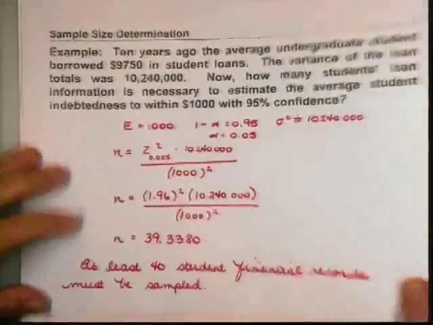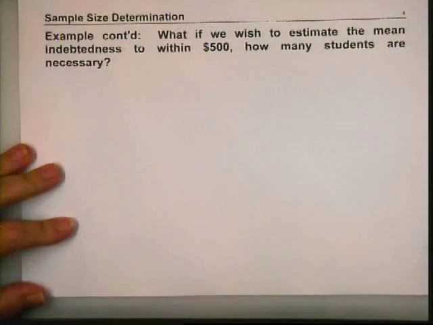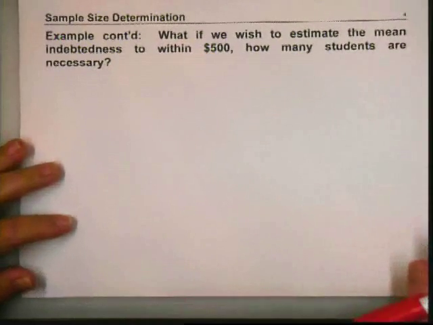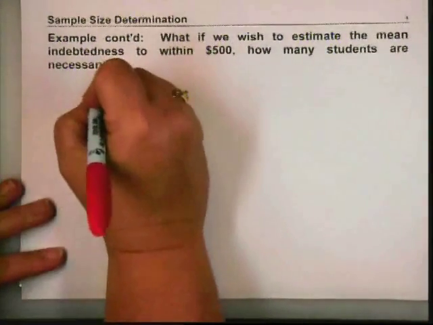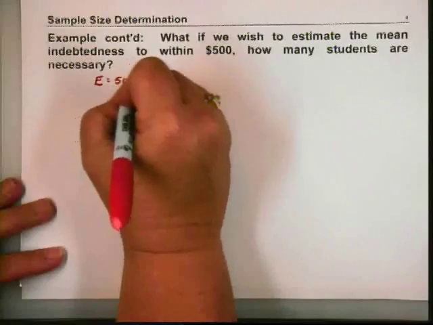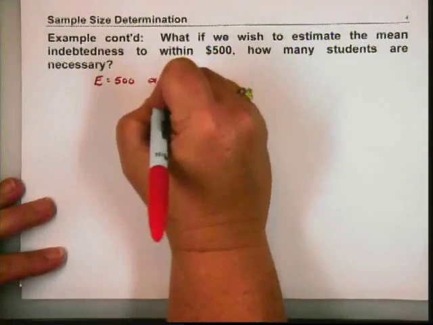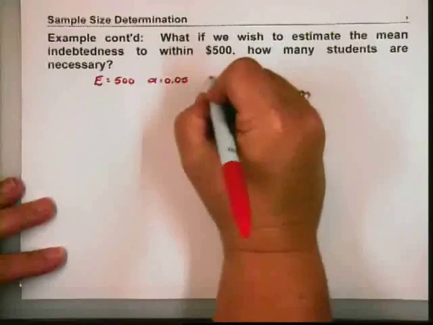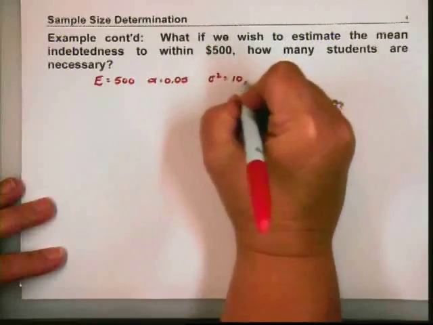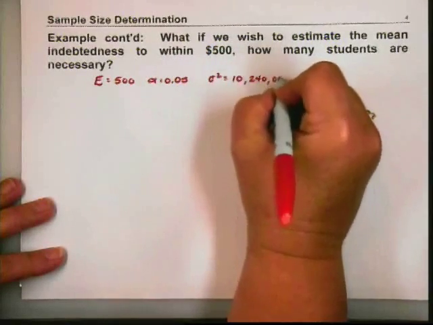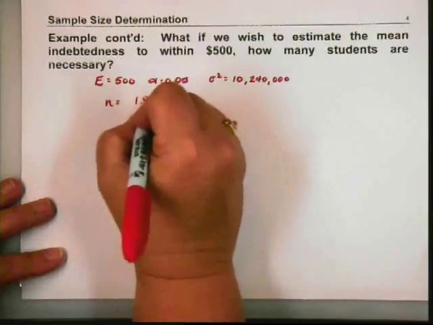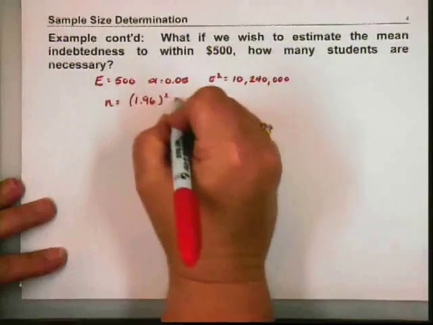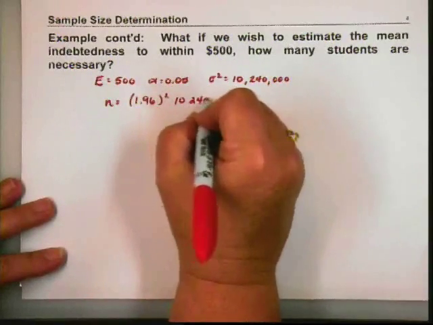Okay, so to that end here, what if we wish to estimate the mean indebtedness to within $500? How many students, or how many records, are necessary? So what changes then is our E is equal to 500. We're still going to keep our alpha at 0.05, and we're still going to use our 10 million figure for the estimated variance. So we still have 1.96 squared times 10,240,000.